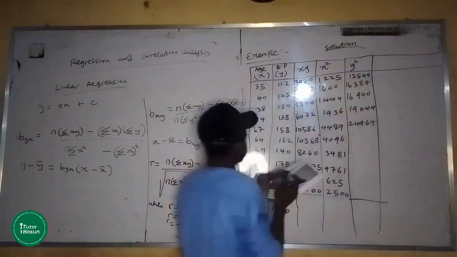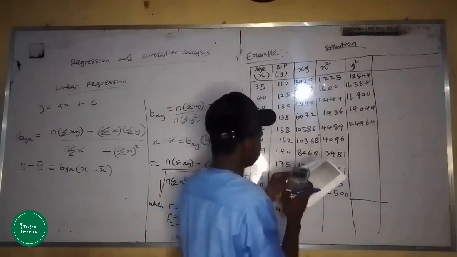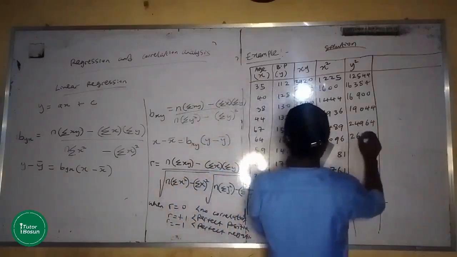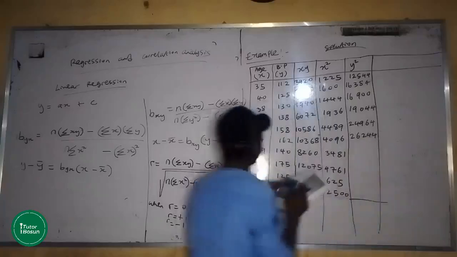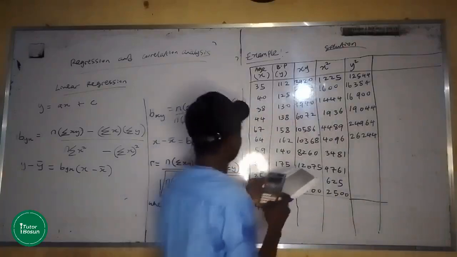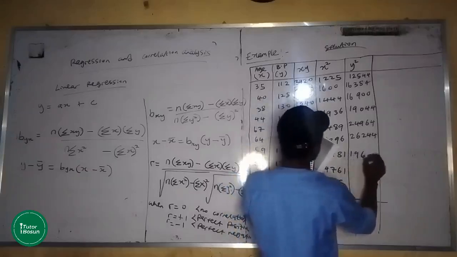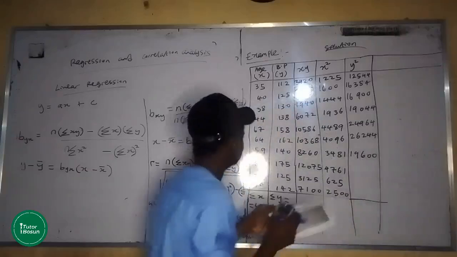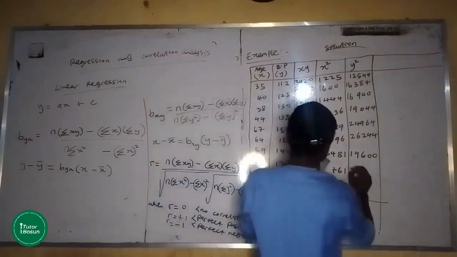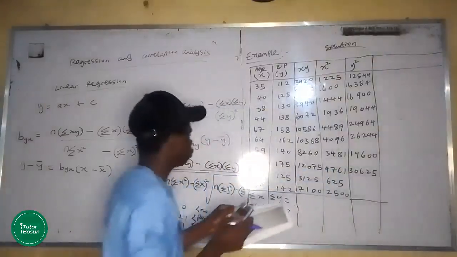We have 162 squared, 26244. We have 140 squared, that's 19600. We have 175 squared, that's 30625.